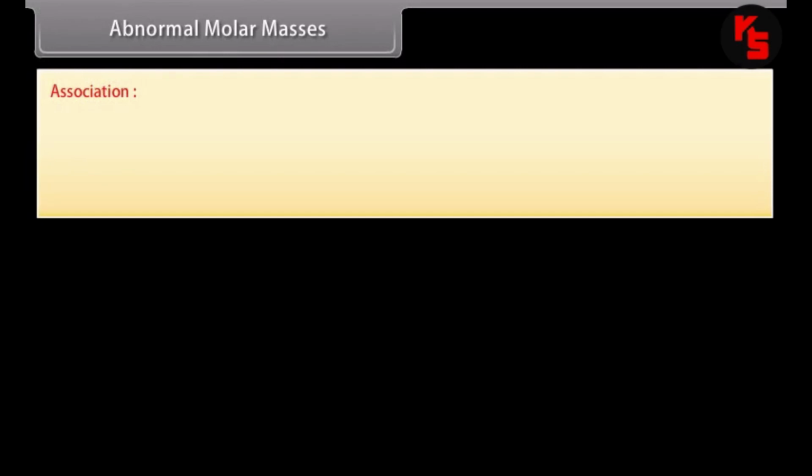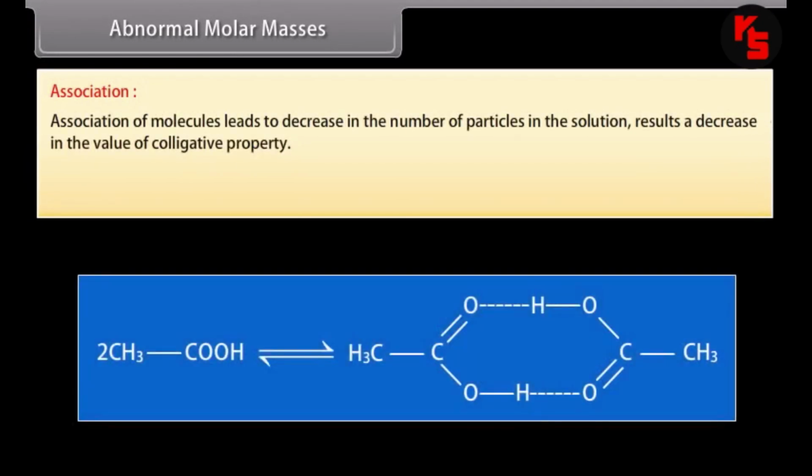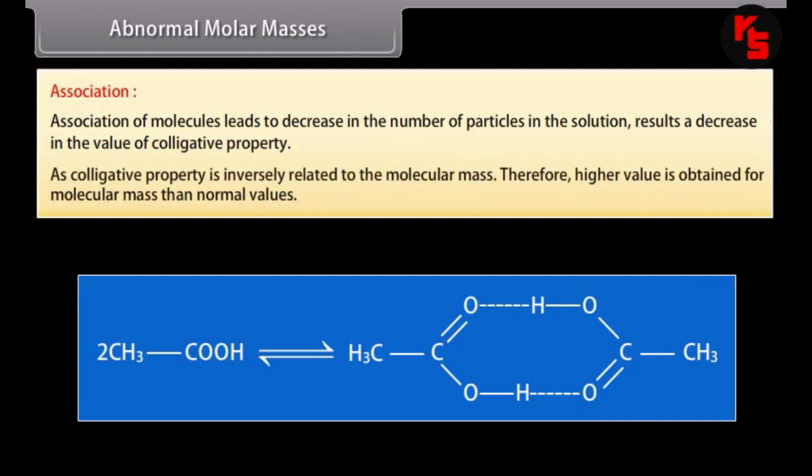Abnormal molar masses. Association. Association of molecules leads to decrease in the number of particles in the solution, which results in a decrease in the value of colligative property. As colligative property is inversely related to the molecular mass, a higher value is obtained for molecular mass than normal values.